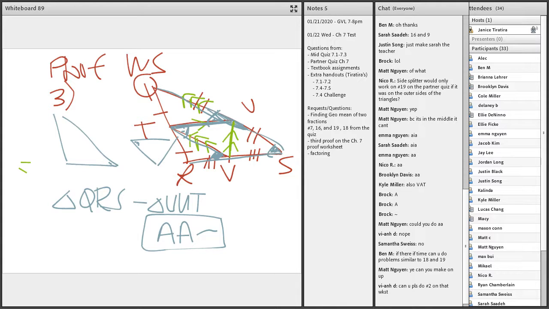So if these 2, oh my gosh, this is terribly drawn. I'm so sorry. If these 2 are parallel, then we've got to find the corresponding angles, the alternate interior angles. So I can mark this angle in here and this angle in here. That doesn't help too much. Let's see, this could be the transversal.